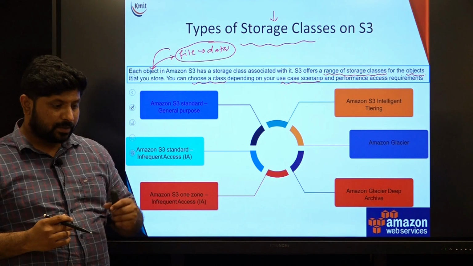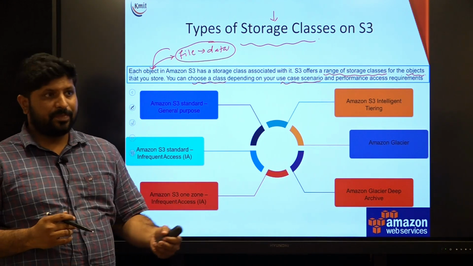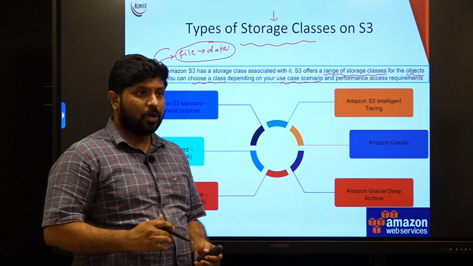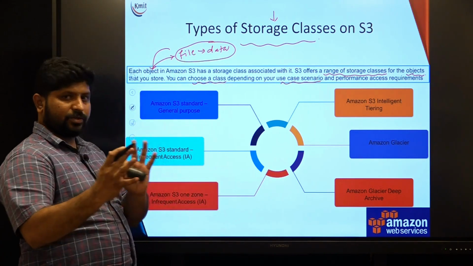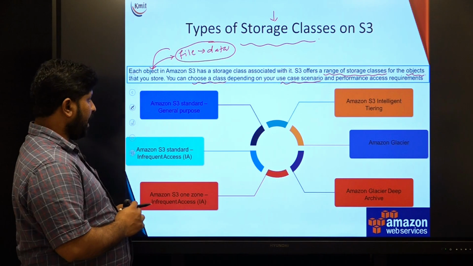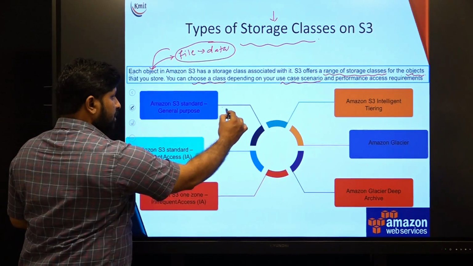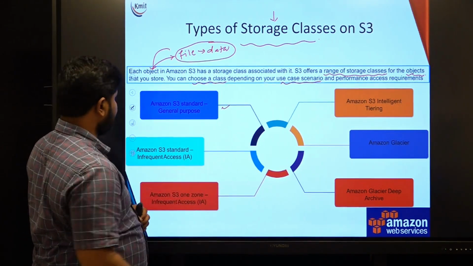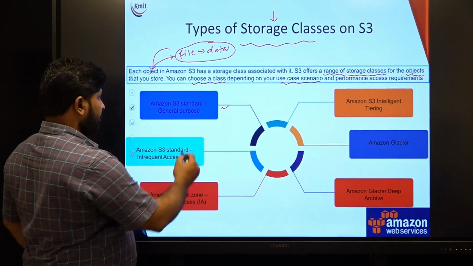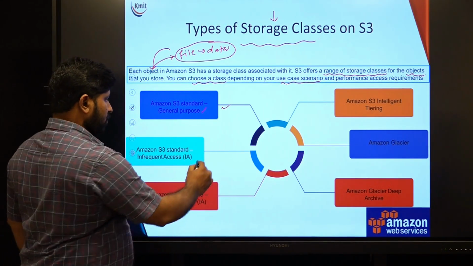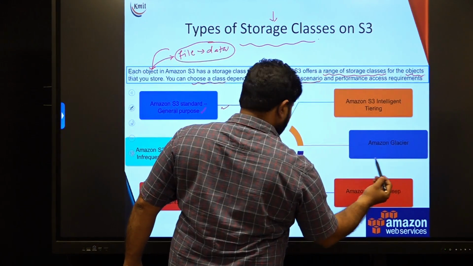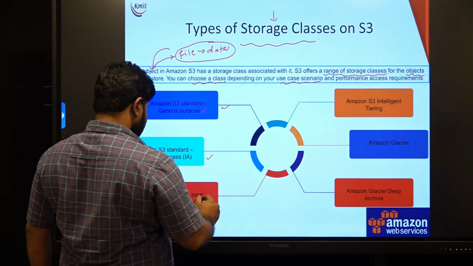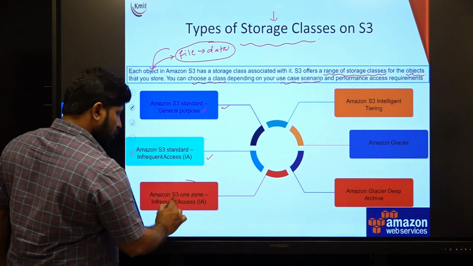Use case scenario means, in every 30 days I will be accessing my data only once, or in 90 days, or in 1 year. Those are the various use cases, how frequently you are going to access the data, and all these are the various storage classes. If you are going with standard, you have general purpose or infrequent access, or frequently accessed, which is general, or else single zone.